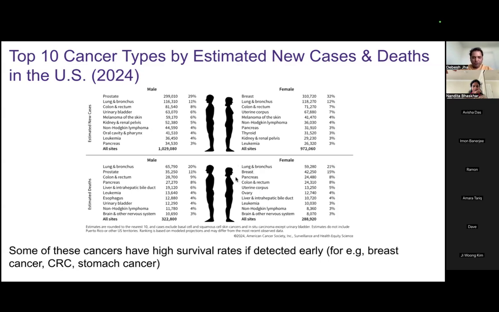So the good news is that some of this cancer, if detected at an early stage, we can completely cure it, or there is a high chance that we can improve the survival rate. For example, breast cancer, colorectal cancer, stomach cancer, and also, for example, esophagus cancer. So we can cure it or at least prolong. For example, if there is a liver cancer or pancreatic cancer, we can prolong the stage.